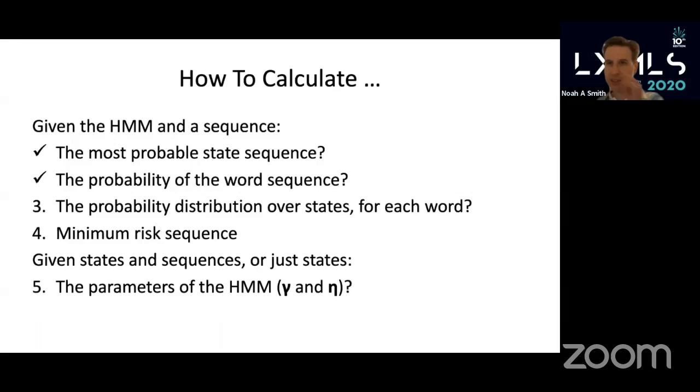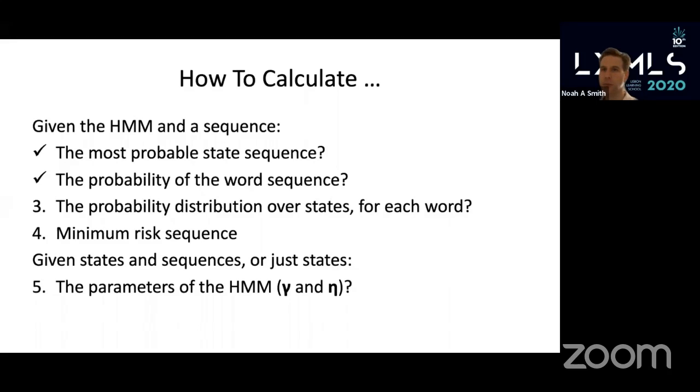Okay, so stepping back. That's a long tangent off of this interesting analogy between the Viterbi algorithm for finding the most probable state sequence, that was our first problem, and the forward algorithm for finding the total probability of the word sequence, that was our second problem.